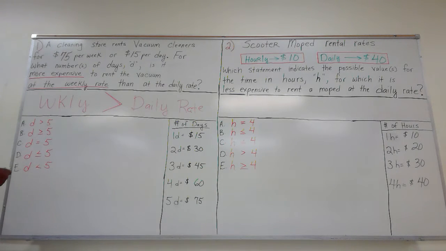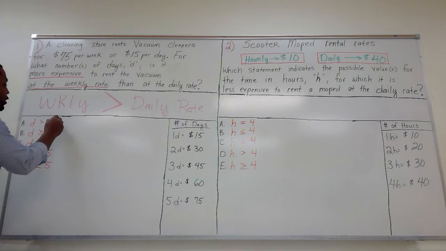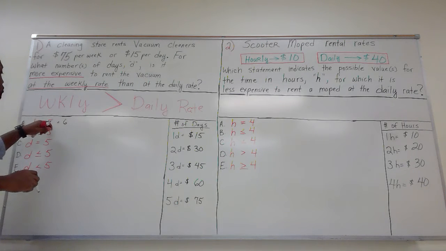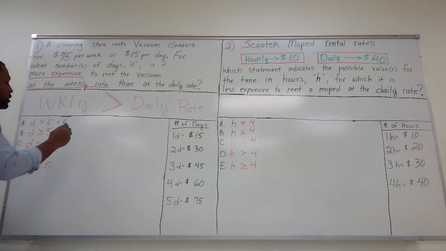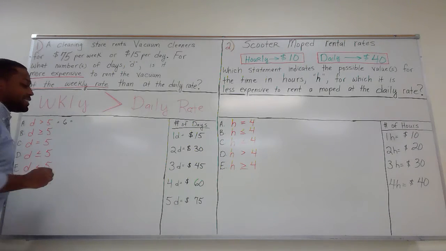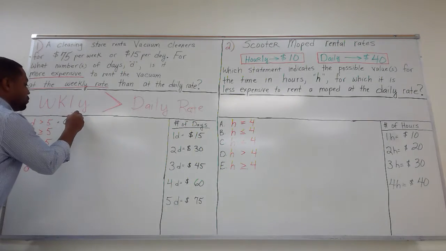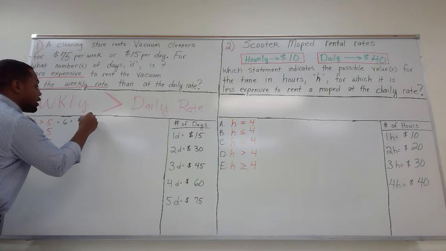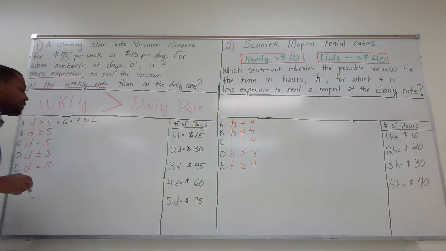Let's look and see which one it is. A says days is more than 5, that needs to be at least 6 days, because more than 5 would be 6. And 6 days would be $90 or more, because it's more than 5.